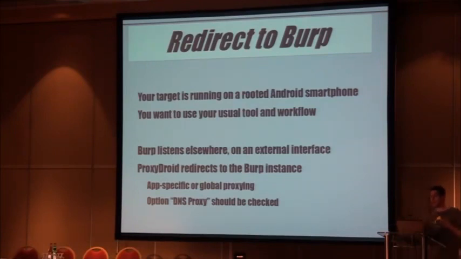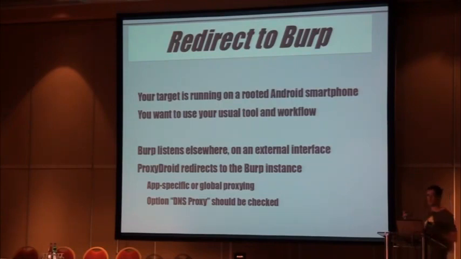So you install the application, which is ProxyDroid, and you configure it to redirect to your Burp instance. You can use app-specific or global proxying to Burp. And do not forget to check DNS proxy, which is not checked by default, but which will be useful later. So that's listening on all interfaces, including the LAN one.